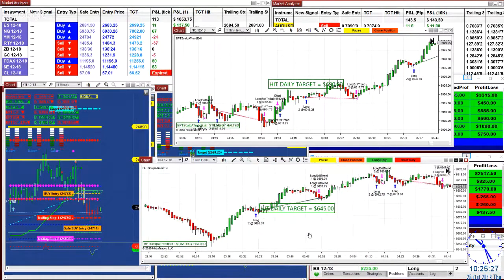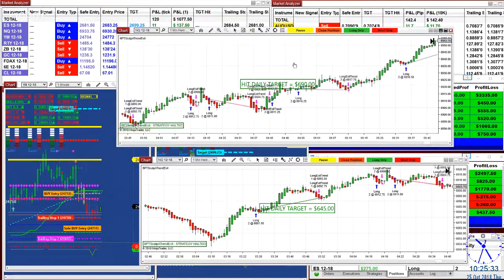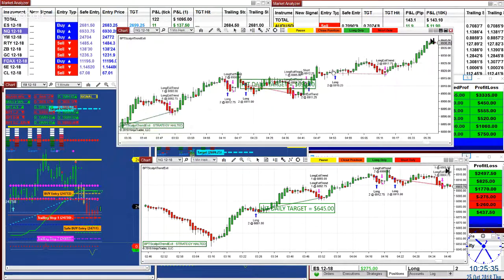But if they're both on a five, everything on the swing trading is 500. Anything above 500, then it will be plus.